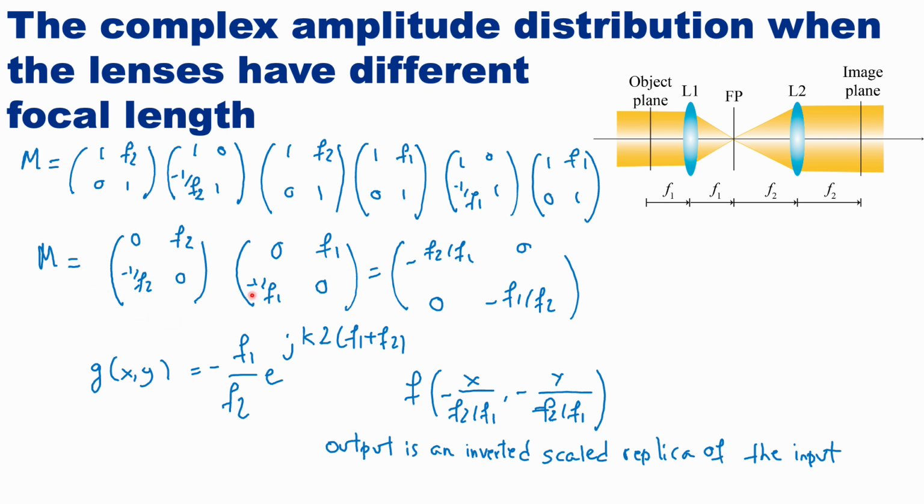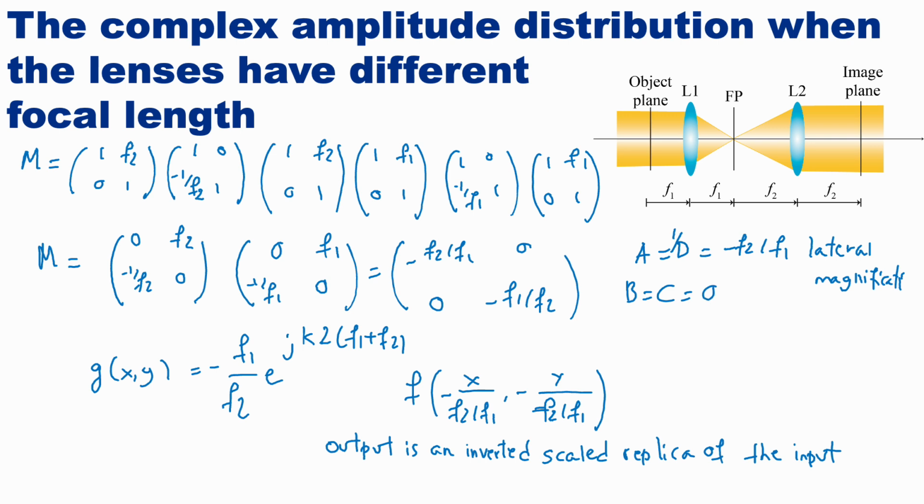So when we work out the matrix, we find out here that A and D are equal to, well, A is equal to the inverse of this, so it's going to be minus f2 over f1. This is what we often call our lateral magnification. And B is equal to C, which is equal to 0.